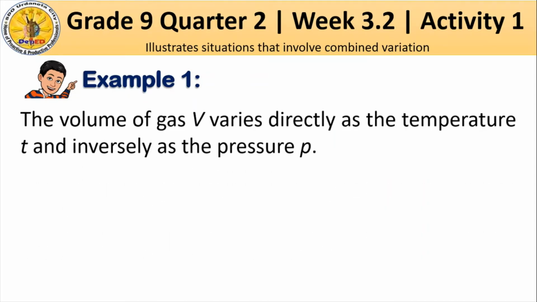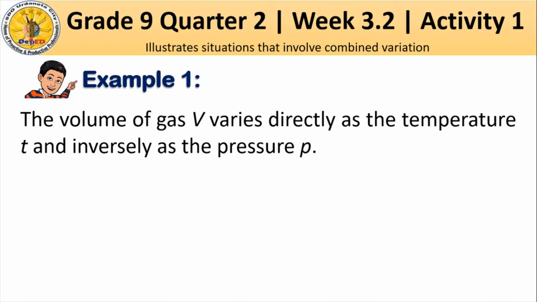For example number 1, the volume of gas V varies directly as the temperature T and inversely as the pressure P. To translate this situation, kailangan muna nating i-determine ang dependent at independent variables.